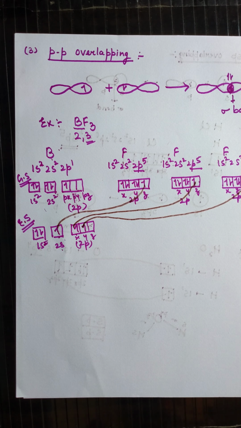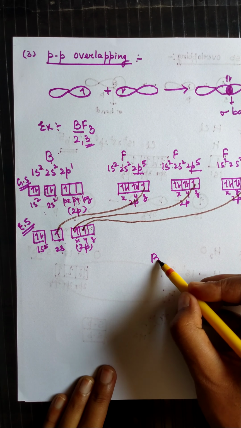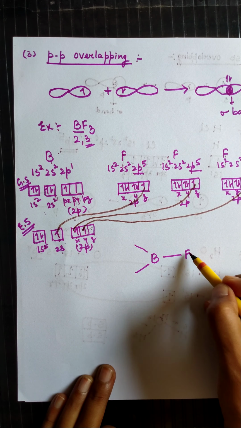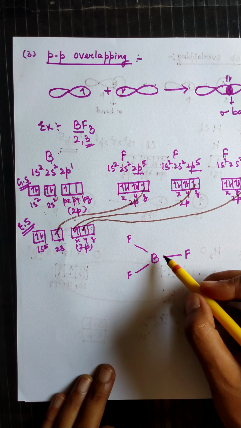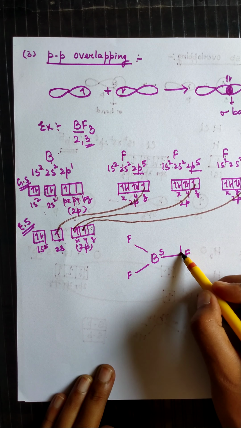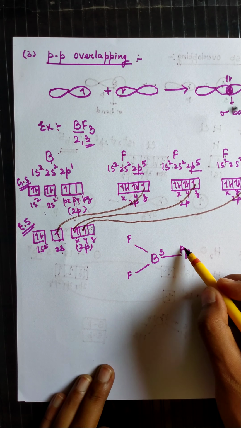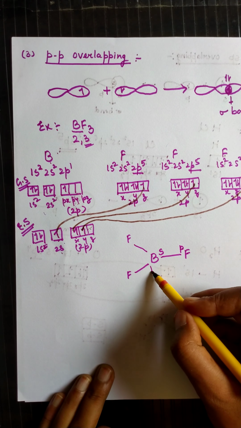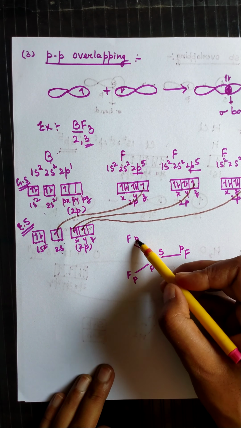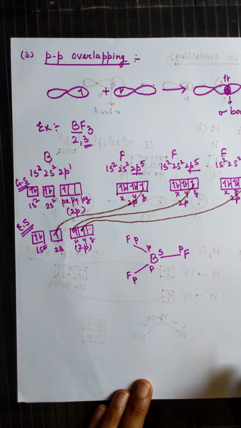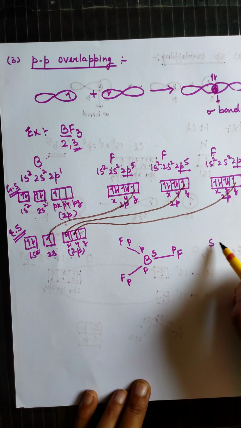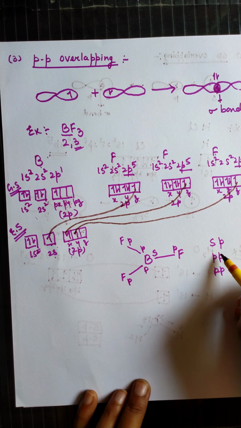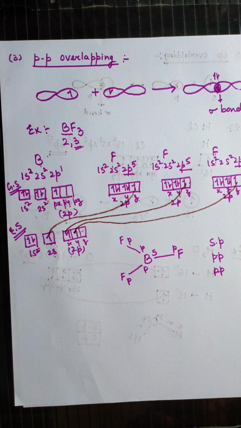In this way, boron forms 3 bonds. This is fluorine, this is fluorine, this is fluorine. One bond is due to sp overlapping, the p orbital of fluorine and the s orbital of boron. The second is pp overlapping, and the third is pp overlapping. So in this way, 3 bonds are formed.